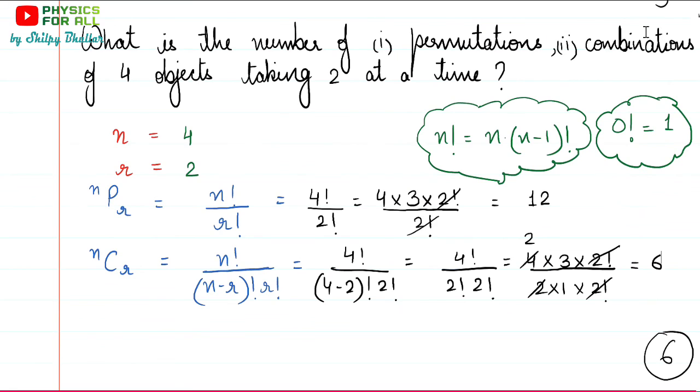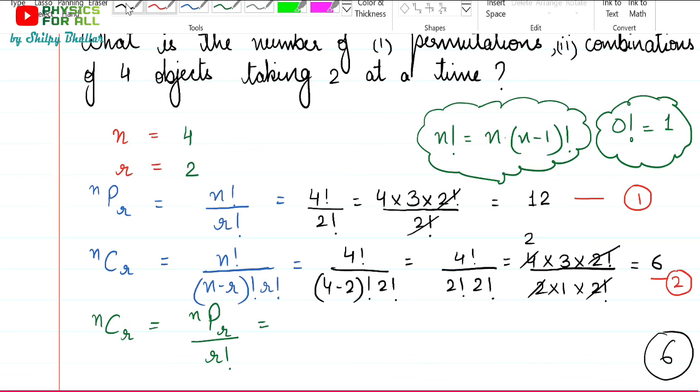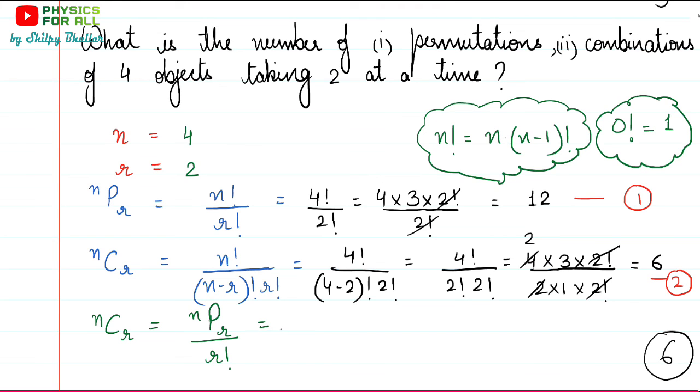So let's find if this is true or not. nCr should be equal to nPr upon r factorial. So our nCr is 6. Let's see, this is our 1, this is 2, and now just substitute the values. What is your nPr? That is 12.